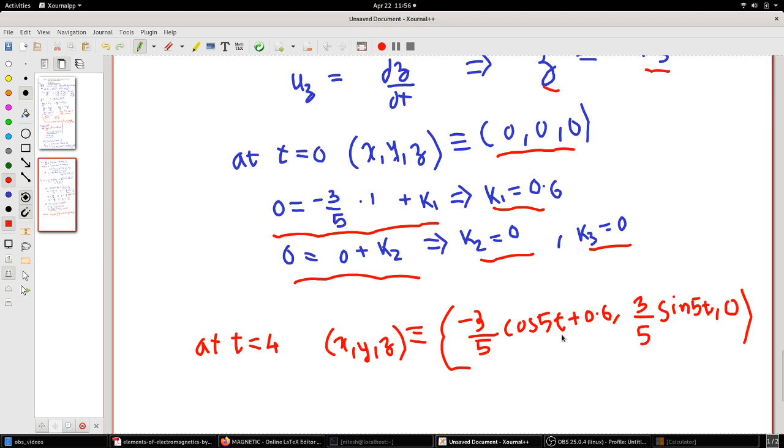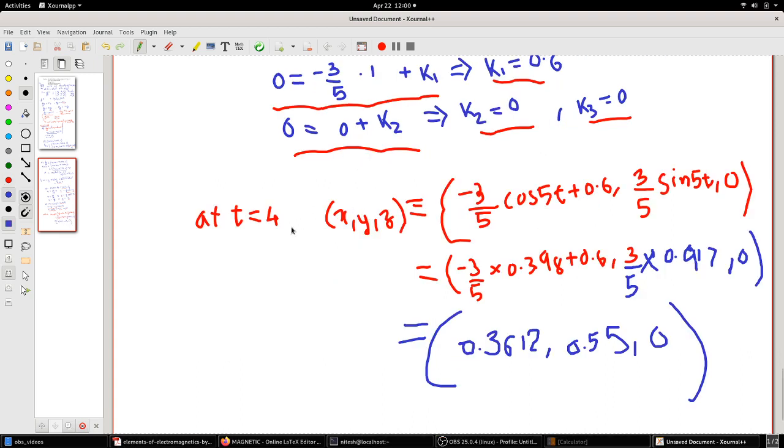If I plug in t equal to 4 here, I'll be able to get my values. So this is what you get at t equal to 4 for x, y, z.